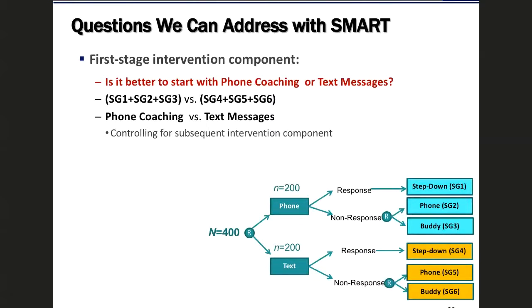So to answer the first question, at the beginning of the trial, let's assume I'm randomizing people equally, 0.5 probability, to either phone coaching or text messages. And then at week 2, I identify my non-responders, and I re-randomize them to either augment the initial intervention with phone coaching or with body training. I do this in both arms. Do you see that? Yes?